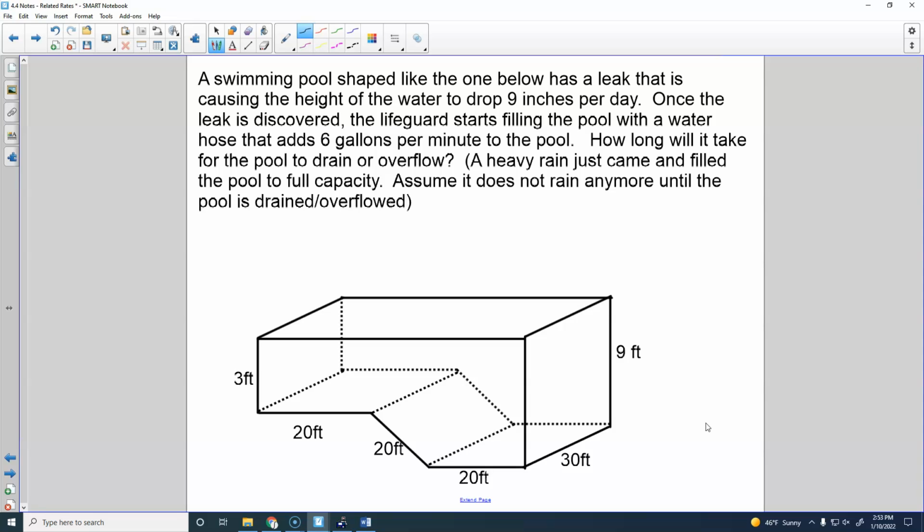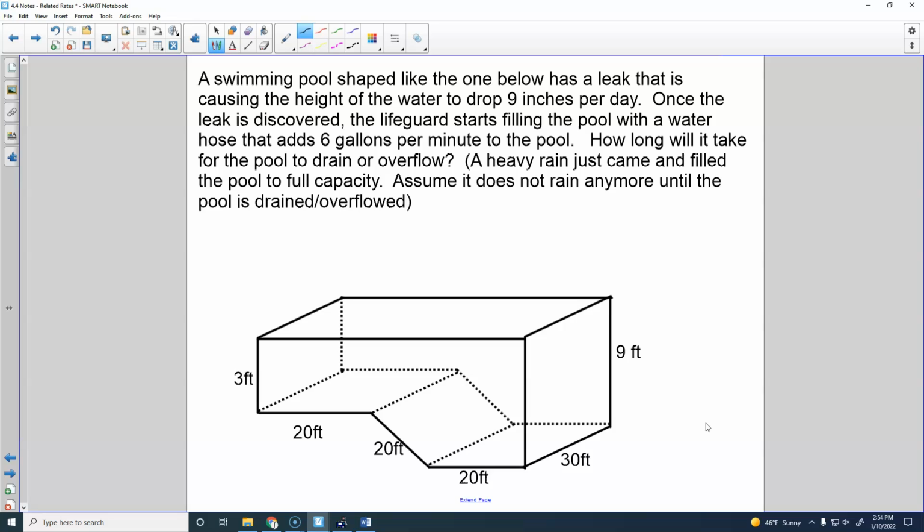So Thomas decides to start filling up the pool. So if he knows that the water hose puts out 6 gallons per minute, but that's way different than 9 inches dropping per day. He doesn't really know how that compares, right? So, if 9 inches per day is more than 6 gallons, eventually it's going to still drain out.